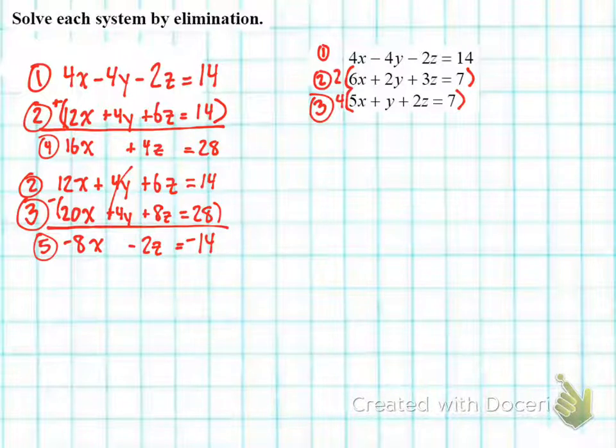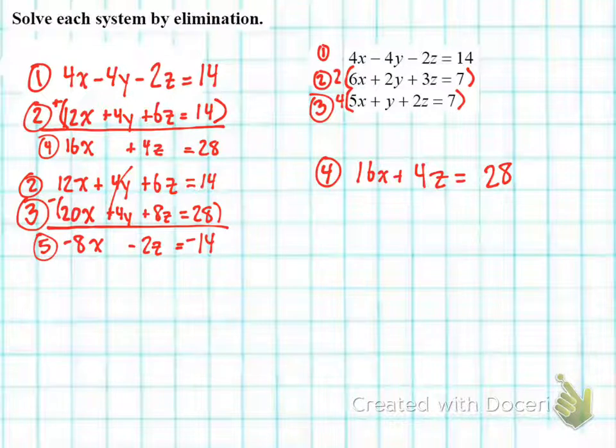Okay, so since equation 4 already has a 4z, I'm not going to convert it. I'm just going to copy it. So we got 16x plus 4z is equal to 28.